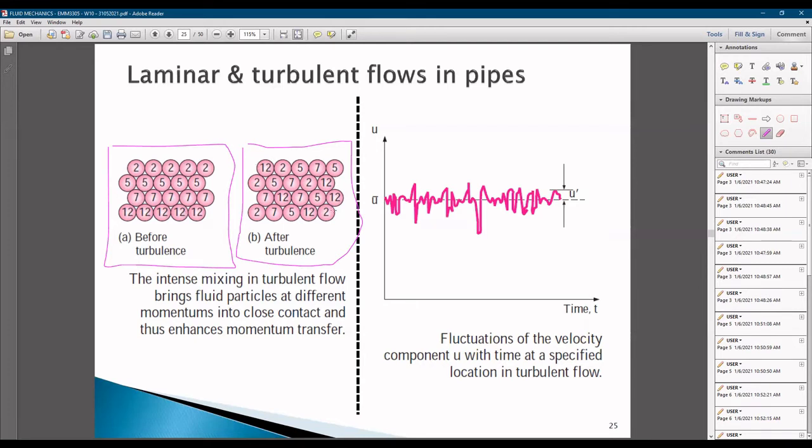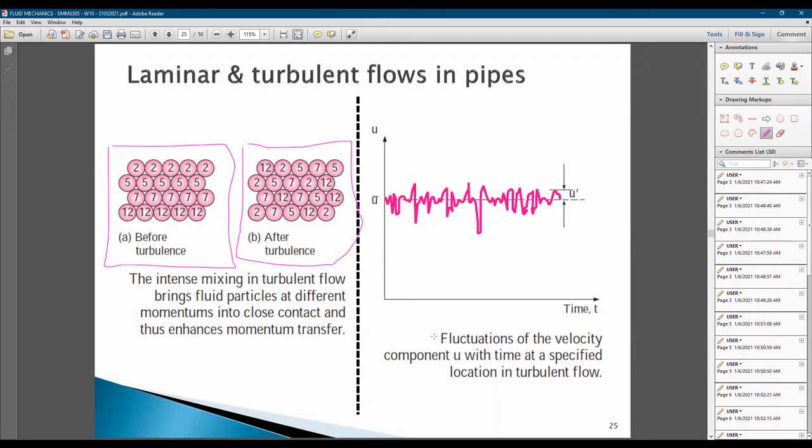And then on this side, we have a mix of the numbers. The intense mixing in turbulent flow brings fluid particles at different momentums into close contact and thus enhances momentum transfer.